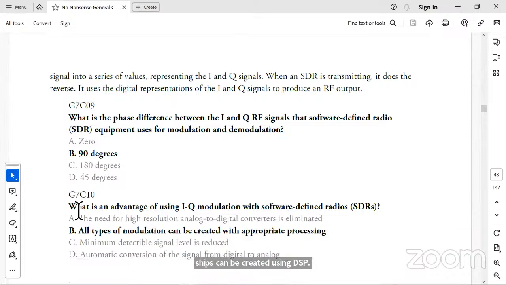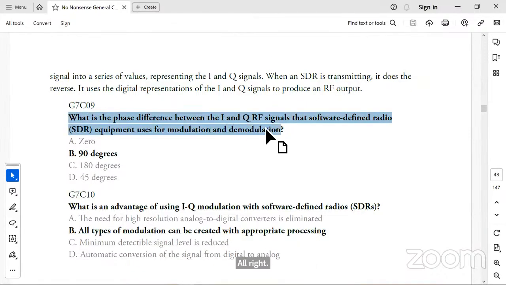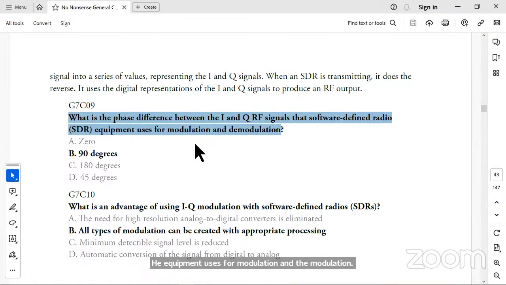All right. Last two questions. What is the phase difference between the I and Q RF signals that software-defined radio, or SDR, equipment uses for modulation and demodulation? Let's dissect this question. What are they asking us? They're asking us for the phase difference. So because they're asking us for the phase difference, the answer will usually be in degrees, right?